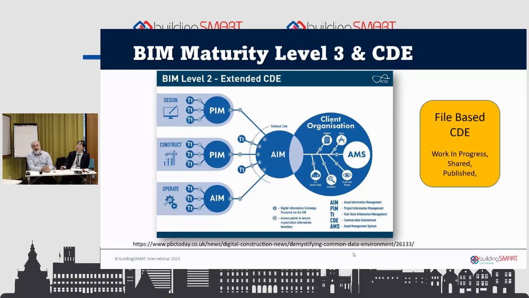So the work in progress data is stored in the WIP area. And then after finishing their work, they will submit to the shared area. So the AIM here, the asset information model, is like a common CDE. So project members of each role use it commonly.